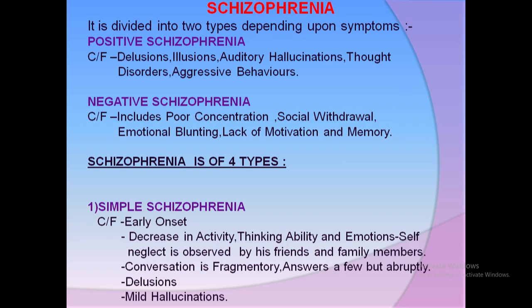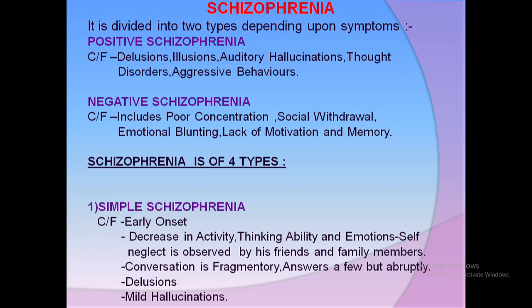Negative schizophrenia, clinical features being poor concentration, social withdrawal, emotional blunting, lack of motivation and memory. Schizophrenia is of four types: simple schizophrenia, hebephrenic or buffoonish schizophrenia, paranoid schizophrenia, and catatonic schizophrenia.